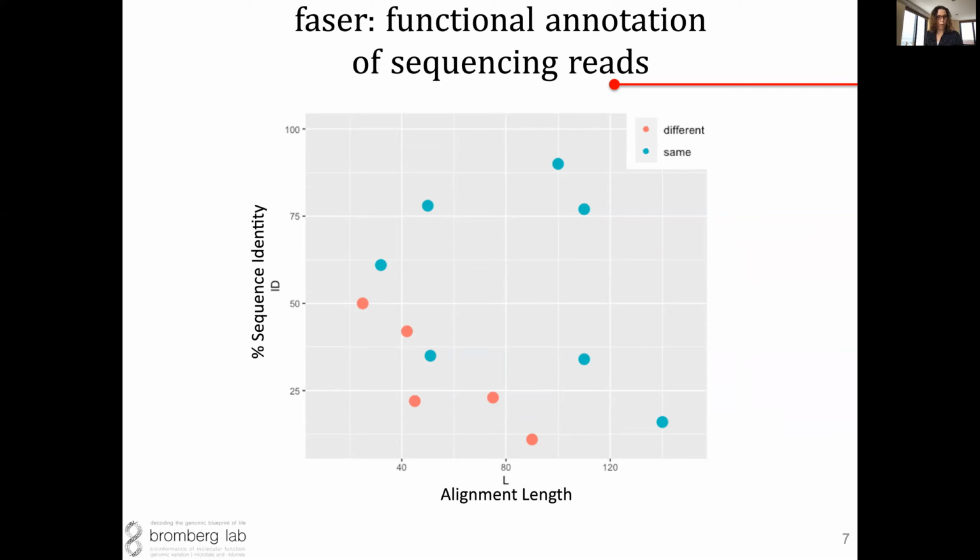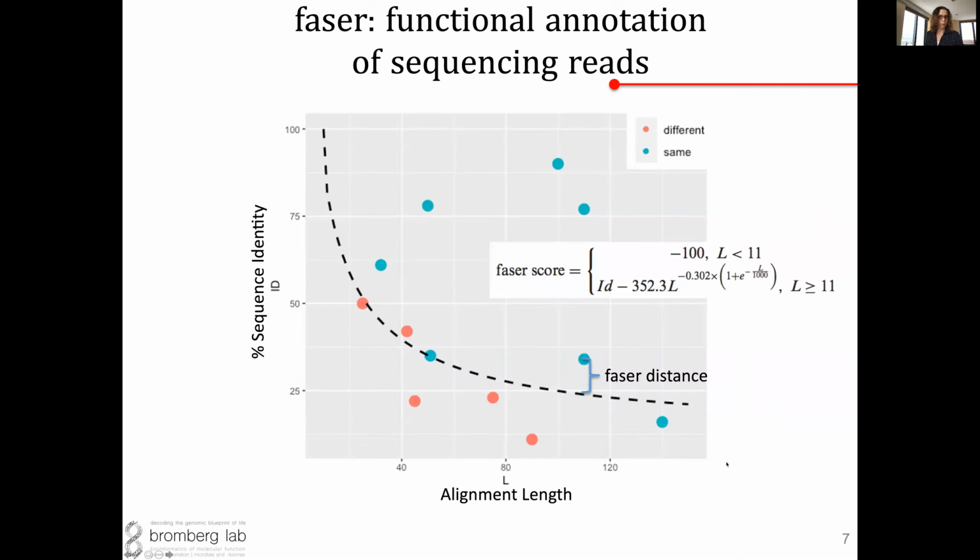And we were able to optimize a gradient decay curve fitted through this space, which would separate these blue dots of the correct alignment from the red dots of the potentially or putatively incorrect alignment.